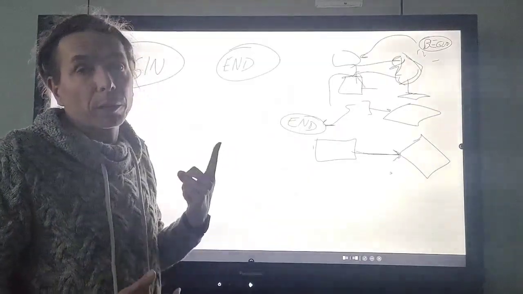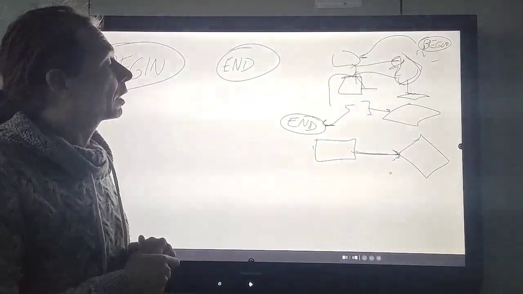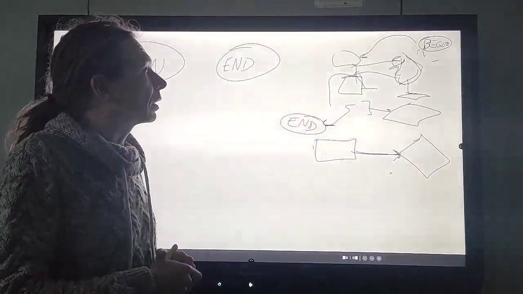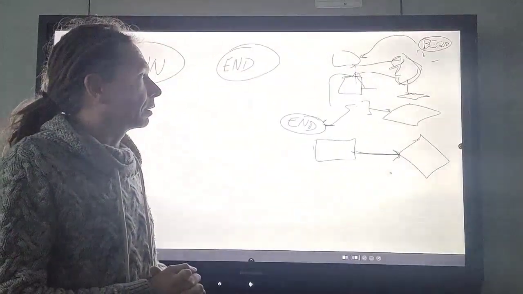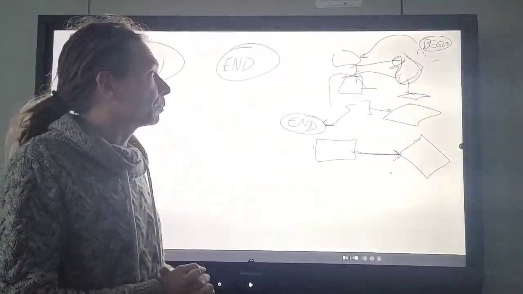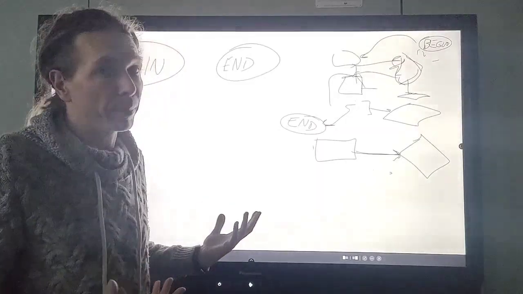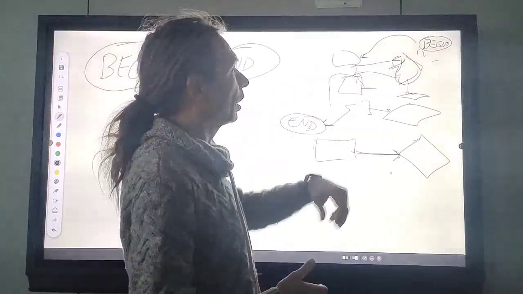There could be just one begin, and there could be just one end, but because usually flowcharts are a real mess, sometimes they are full of shapes.